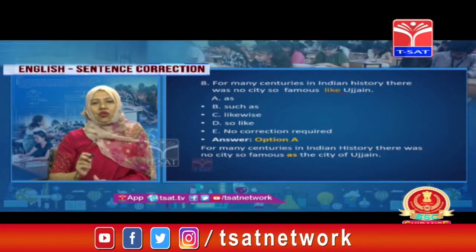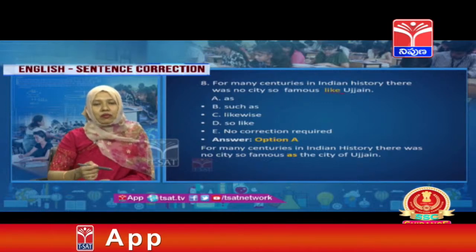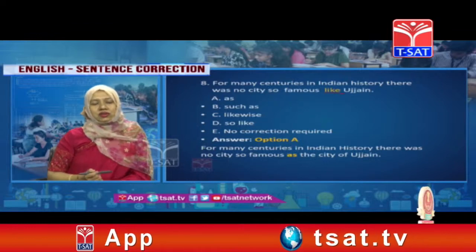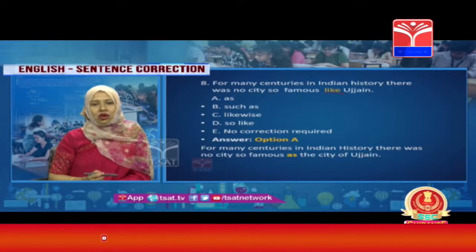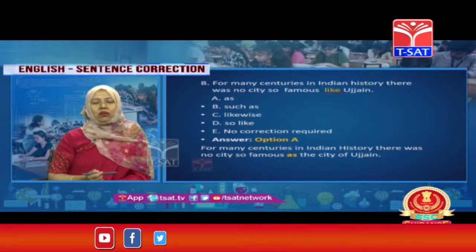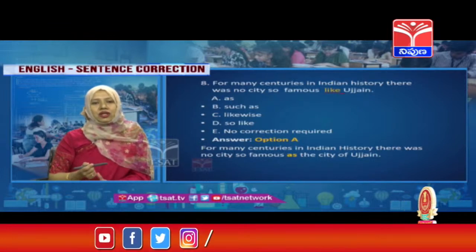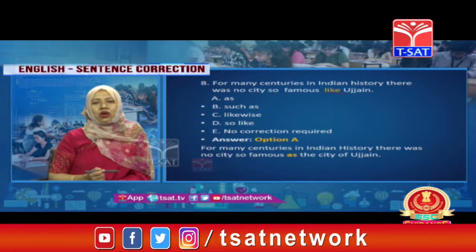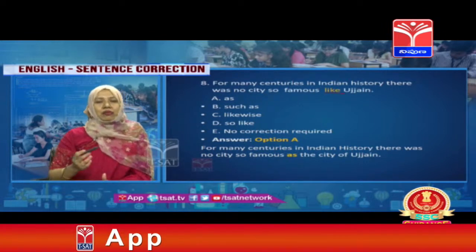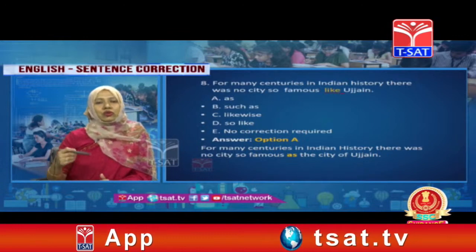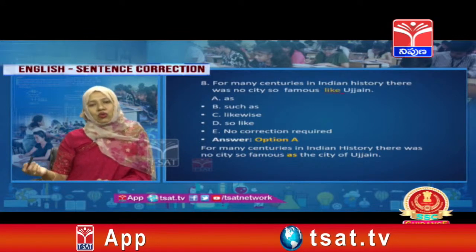Now, like is wrong. You have to replace like with other options. What are the other options? Option A is as, option B is such as, option C is likewise, option D is so like, option E is no correction required.